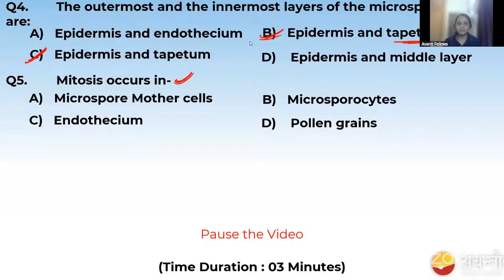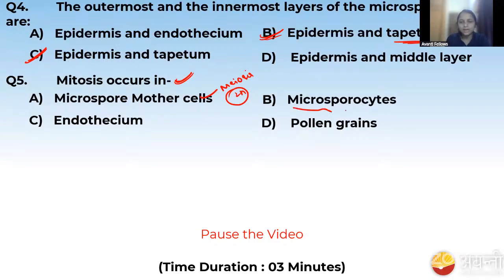Very good, Venugopal. Very good, HP. Yes, Nivedita. See here, guys. In the microspore mother cell, meiosis is going to happen, right? This is diploid. It will undergo meiosis, yes or no? Now only we studied. It will undergo meiosis, right?